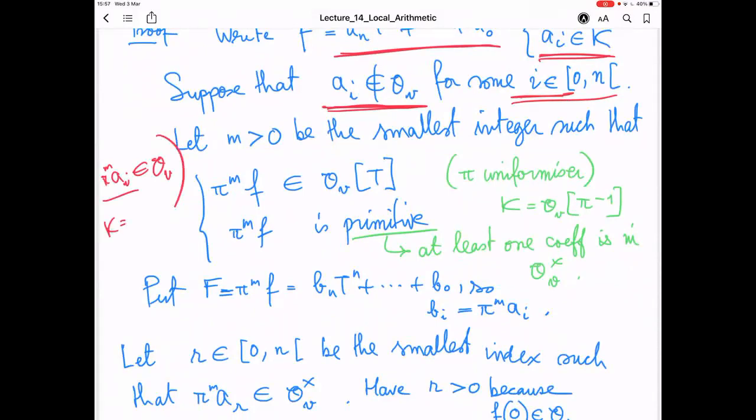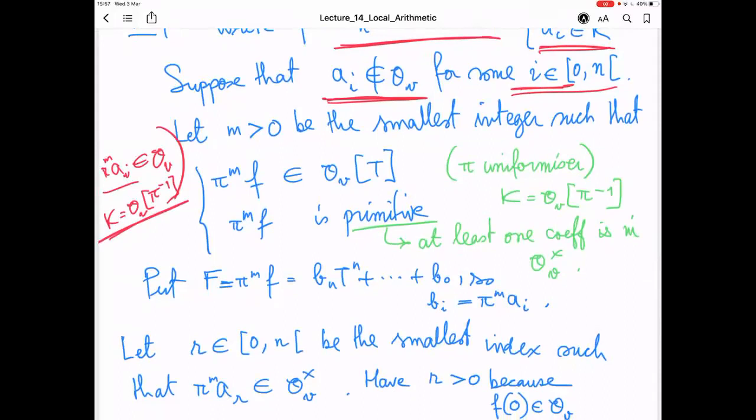Because this K is, after all, just OV with pi inverted. So the only things in the denominator are powers of pi, and there are only finitely many denominators. If I multiply by a sufficiently large power of pi, then they will become integral. They will become elements of OV. So here is pi to the m times f is in OV for some m.